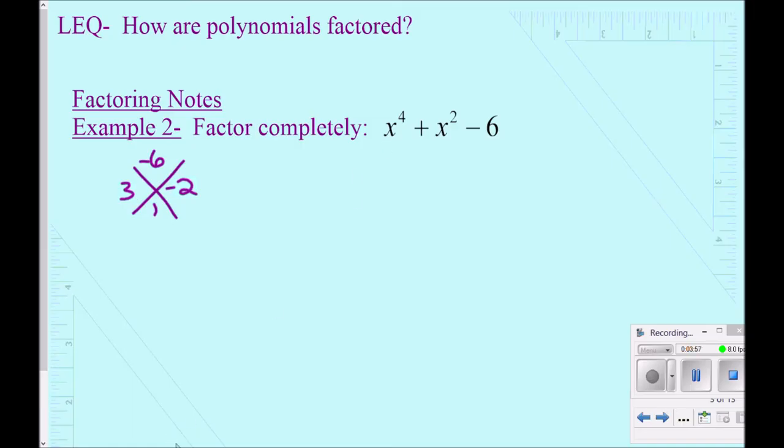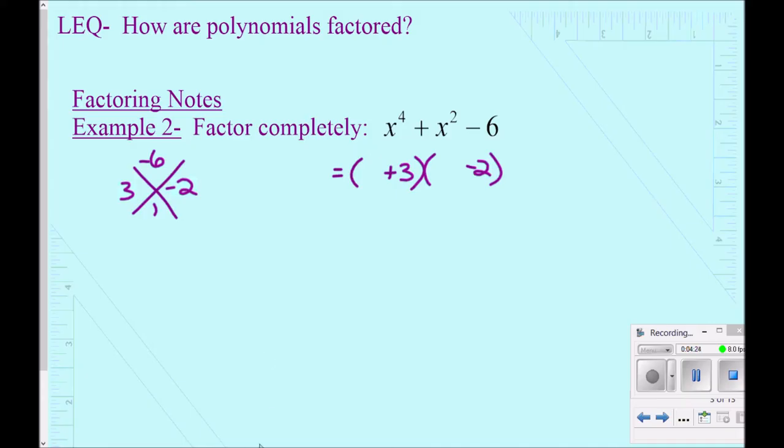Now it's to the 4th rather than squared, but the leading coefficient's a 1, so I do not need to use a generic rectangle. I can go right to my 2 binomials, and I'm going to put +3 and -2 on the ends. That's going to give me the -6, which I have, but I also want x to the 4th now rather than x squared.